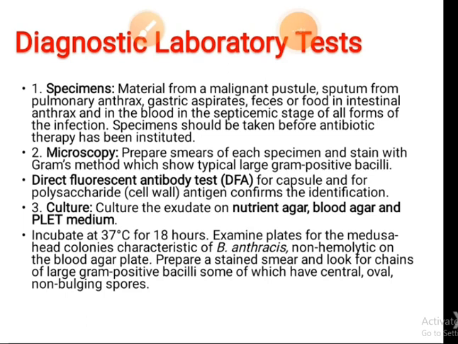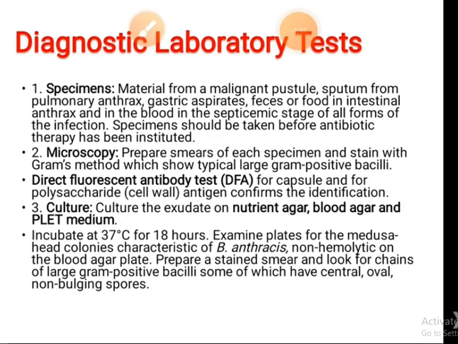Microscopical examination of the specimens collected: we prepare smears of each specimen and stain with Gram stain, which shows typical large gram-positive bacilli. Direct fluorescent antibody test for capsule and for polysaccharide cell wall antigen confirms the identification. For culture, used in the cultivation of the microorganism are nutrient agar, blood agar, and PLET media.